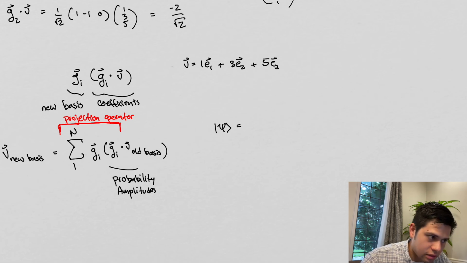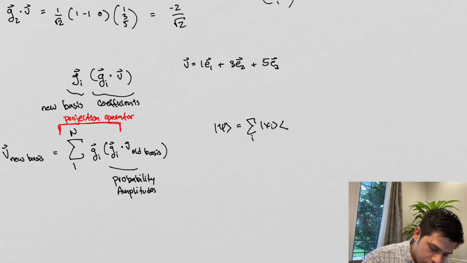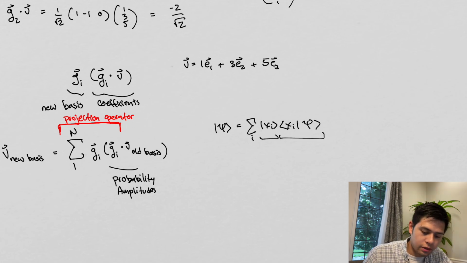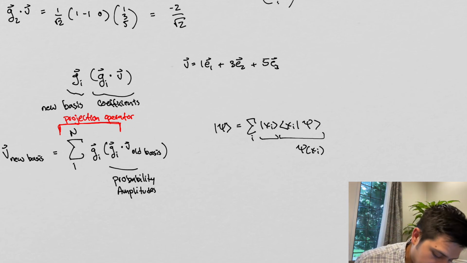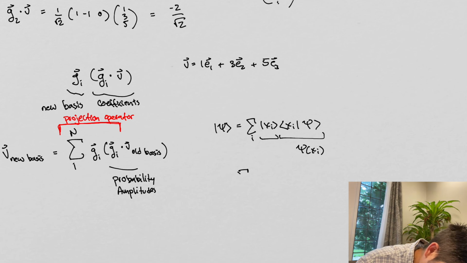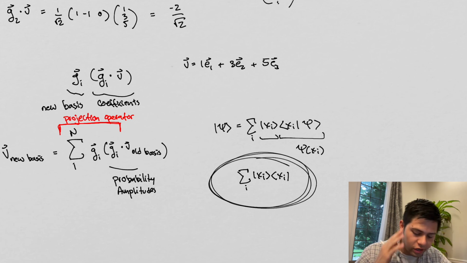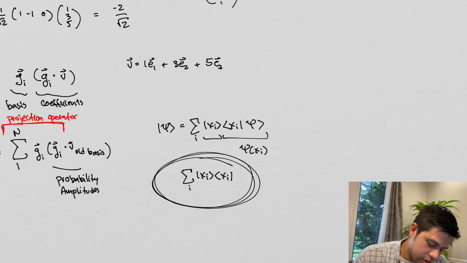It's typically seen as something that looks like this, where this is that inner product and this is the new basis. And typically this is seen as that as well. But again, the operator here is this thing. That's the projection operator, and it's very important in quantum mechanics.